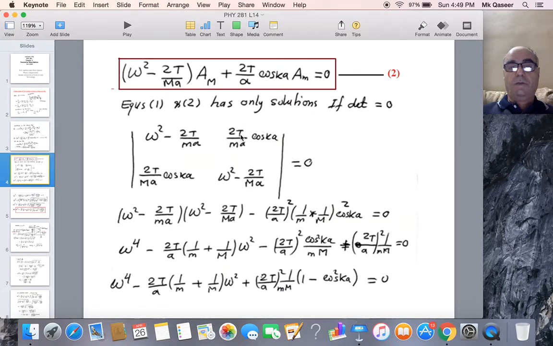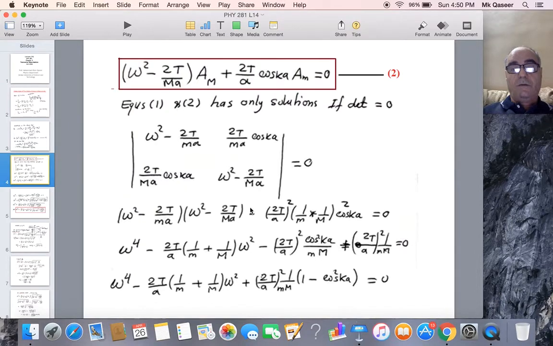The second equation represents the second row in this determinant; this goes here because it corresponds to A sub m small, and this goes here because it corresponds to A sub M capital. If we put a vector here, A small, A capital, we get the same two equations.